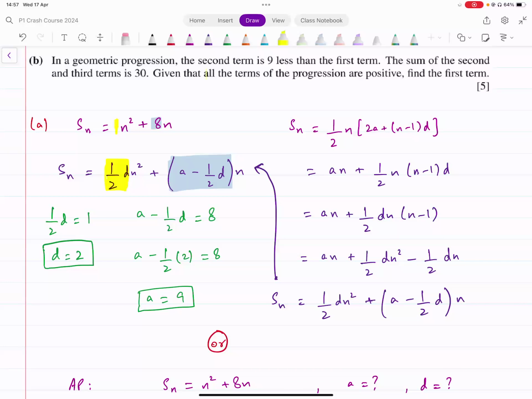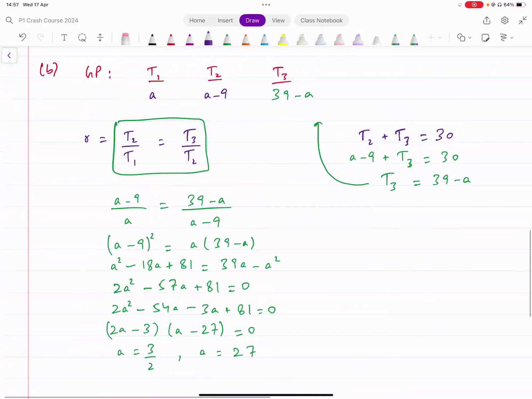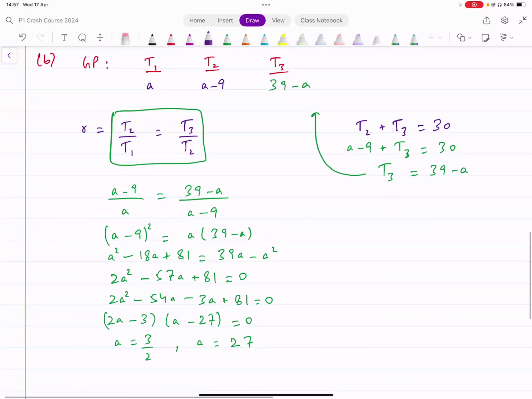They're saying all the terms of the progression are positive. Okay, all the terms are positive. If the first term was 3 over 2, what's the second term? A minus 9, that means 3 over 2 minus 9. The second term would become negative if A was 3 over 2.